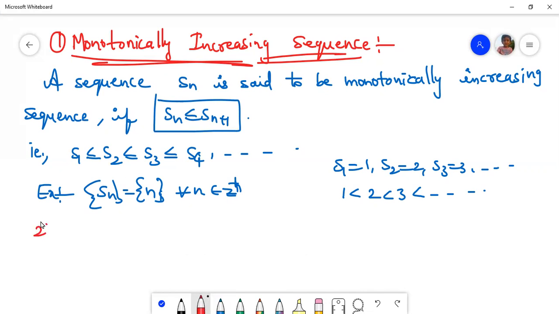The second definition is monotonically decreasing sequence.